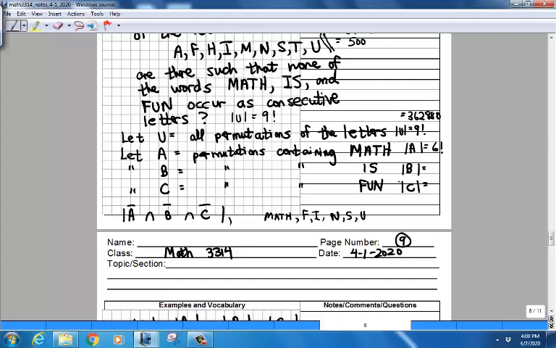What about B? Now we have a very important clue for B, right? How big is B going to be? Well, when you're figuring out permutations that contain the word is, what you would be doing is thinking of these two letters, I'm sorry, this word as a single block, correct? So those letters must occur together, so think of those as a single item.